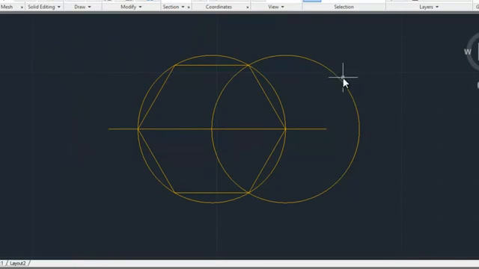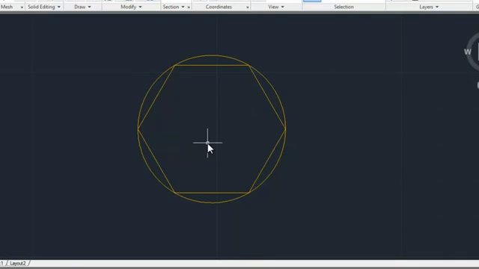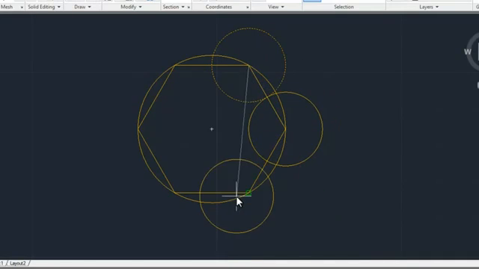Okay. So once you have that, you can then draw circles that represent the atoms, and the radius of the atoms is going to be half the length of one of the legs of the hexagon. Then you can copy those all around.